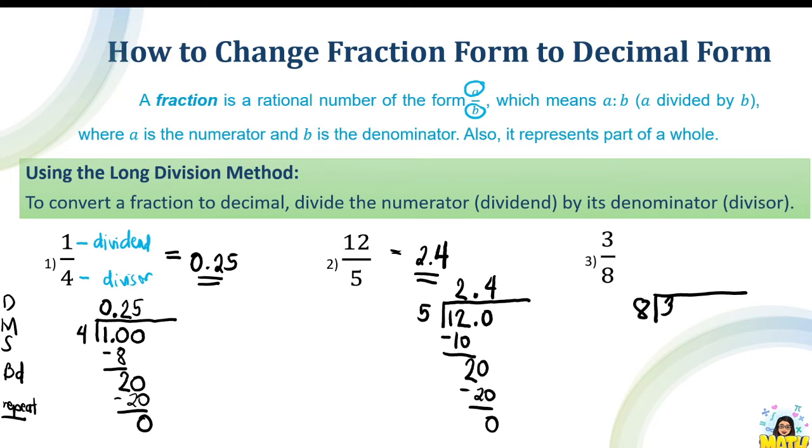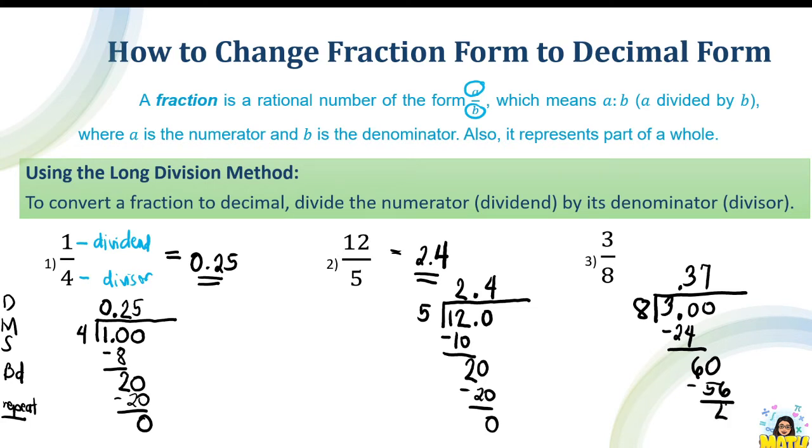And number 3, 3/8 means 3 divided by 8. Again, 3 cannot be divided to 8, so add decimal point and 0 and then divide. 30 divided by 8, 3, and 3 times 8 is 24. After multiplying, subtract. So this one is 6. Add 0 to continue the division process. 60 divided by 8, 7. 7 times 8 is 56.